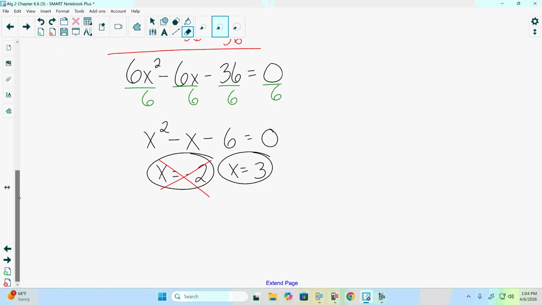So the only solution that worked for this was positive 3. It's not always going to necessarily be that the positive value works, but in the main ones we've done so far, that's how it's worked out.